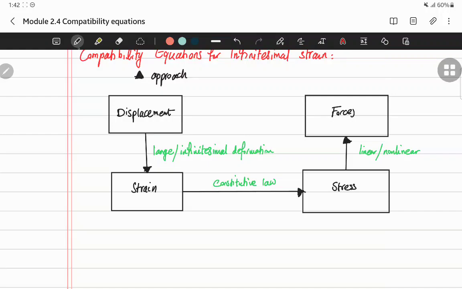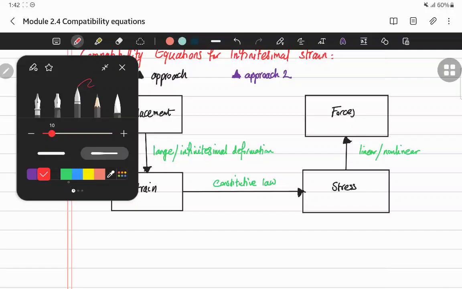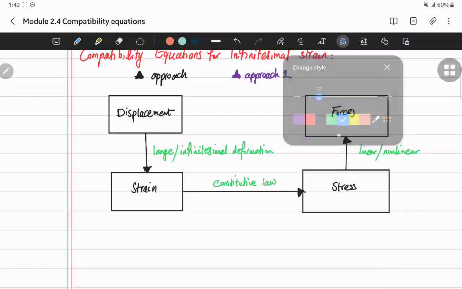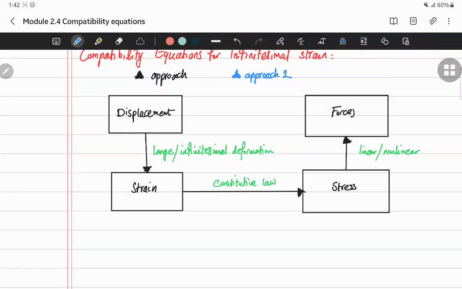Okay. In the second approach, approach 2, maybe I change to another color so you can't confuse it. All right. So in the second approach, we already have the forces, for example the loads that are applied on your domain.